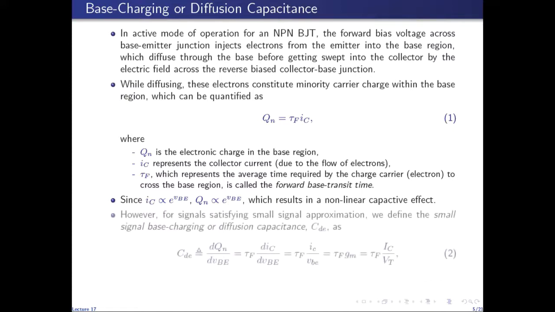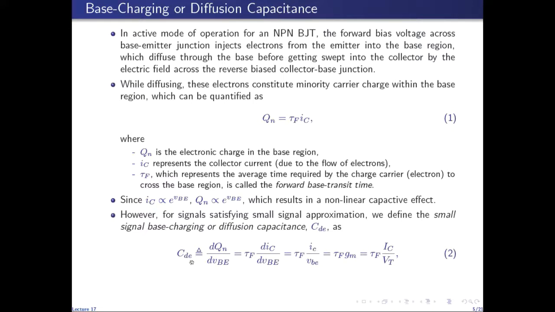So what we do is we define the base charging or the diffusion capacitance for small signals. That is for signals which satisfy small signal approximation. So for such signals, we define the small signal base charging or diffusion capacitance by the rate of change of the stored charge within the base region with respect to the base emitter voltage, and we denote it by C subscript DE.